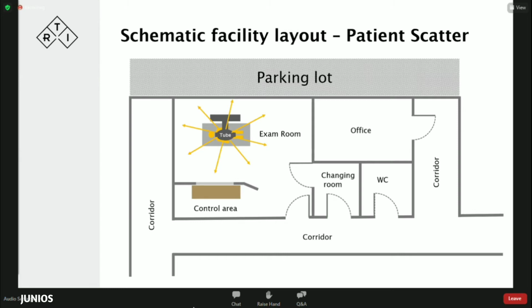There are factors that affect the amount of scatter, and one is the volume of the object being irradiated. Some of you might be familiar: if you have a bigger patient, then you have a bigger scatter, and if you have a smaller patient, you have a lower scatter. The spectrum of the primary beam, as well as the field size used, are also two factors that affect the amount of scatter produced from an exposure.